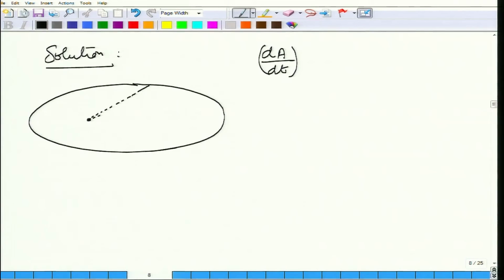That means at some instant a planet moves, say, from position 1 to position 2, and it sweeps some area in a certain unit time. Suppose it sweeps this area shown by the shaded black region, and in some other time it goes from position 3 to position 4 in unit time and covers this much area. These two areas covered per unit time are going to be the same.